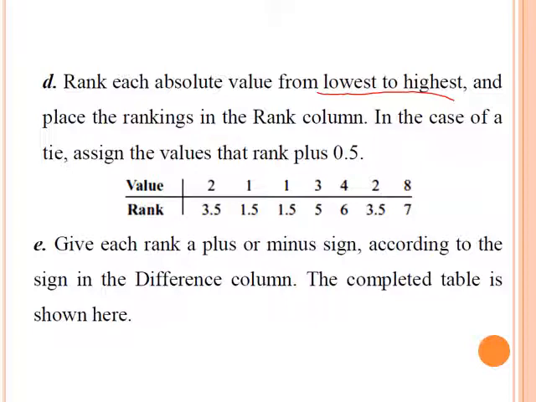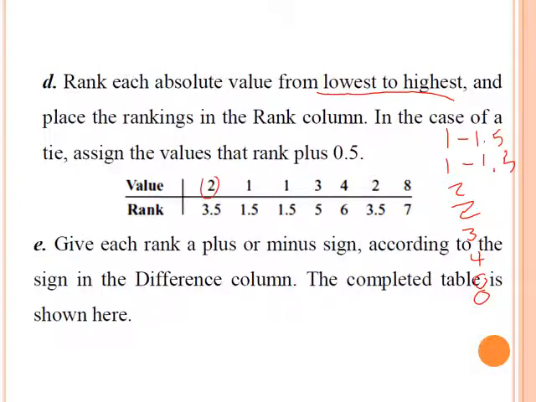If we rank, recall the ranking step, you will find 1, 1, 2, 2, 3, 4, and 8. So the numbers 1 and 1 take the ranks of 1.5 and 1.5.